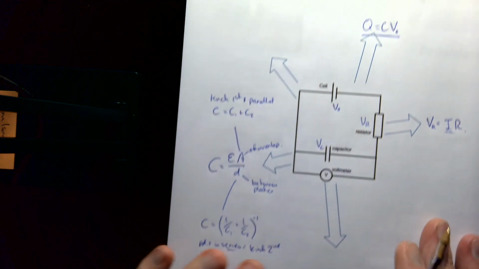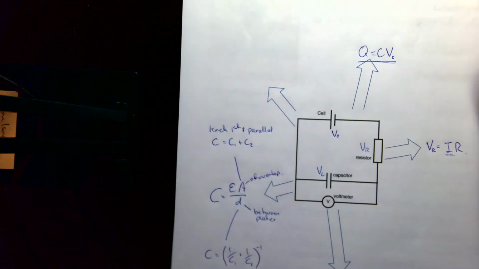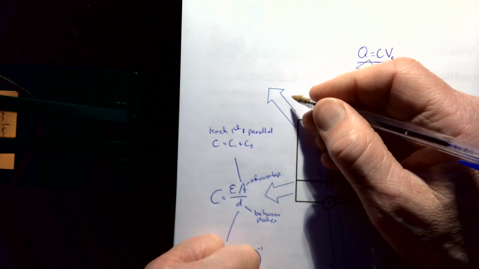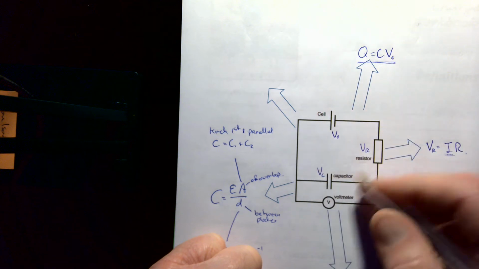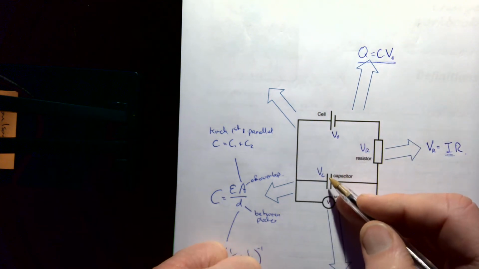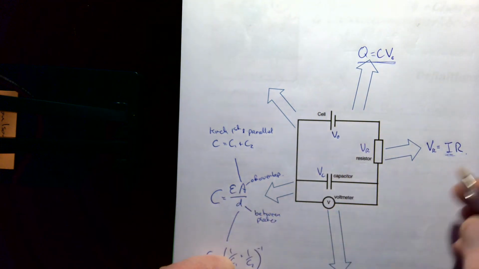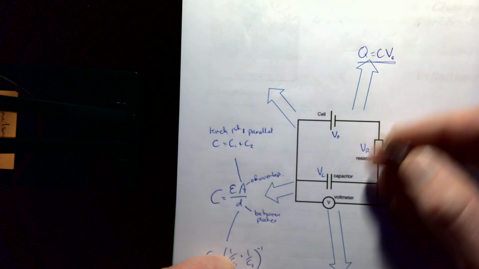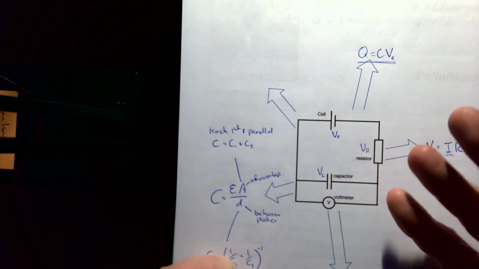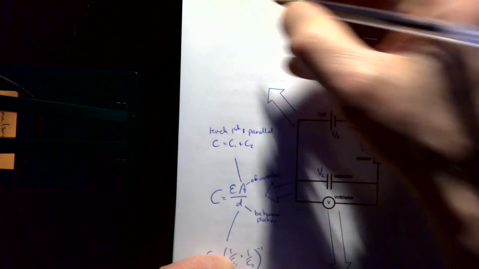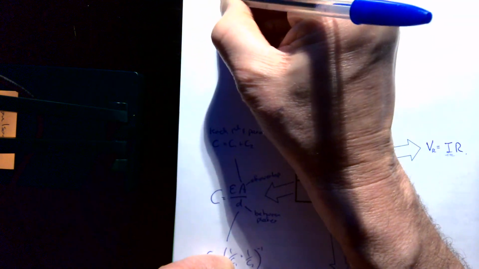Other useful ideas? The main ones are this idea of loops making things happen. As your current flows onto your capacitor, they all link over time in a strange way, and that's what gave us the split into two.